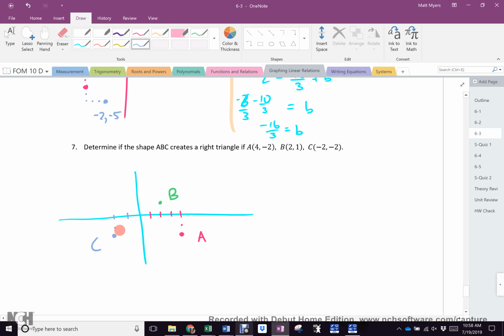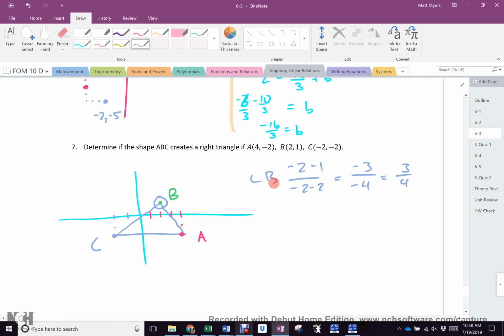There's C. What is the only place I need to check? Right there. So CB is negative 2 minus 1 over negative 2 minus 2, which is negative 3 over negative 4, which is positive 3/4. Right?